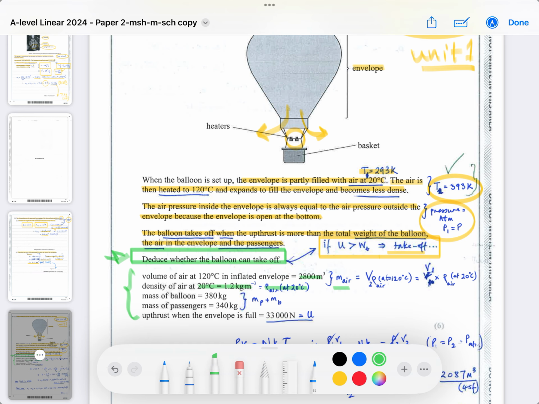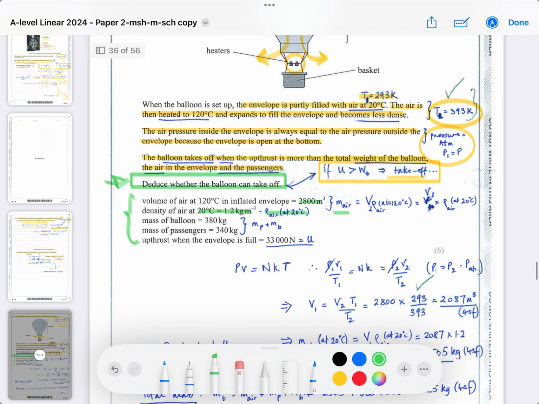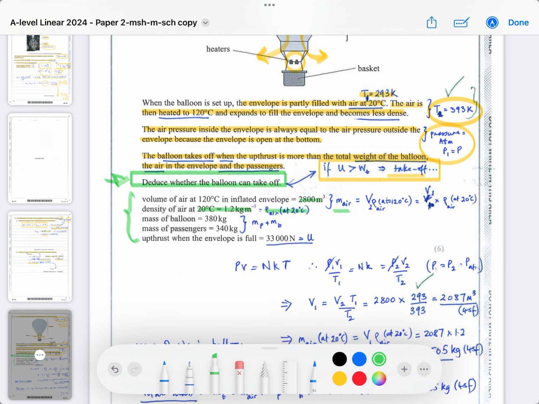So the mass of the air must be constant. Is that what we're saying? Yes. So the volume 2 times the density of air at 120 degrees centigrade must equal the volume 1, the initial volume, times the density of the air at 20 degrees centigrade. Okay? I think that's what I'm saying.